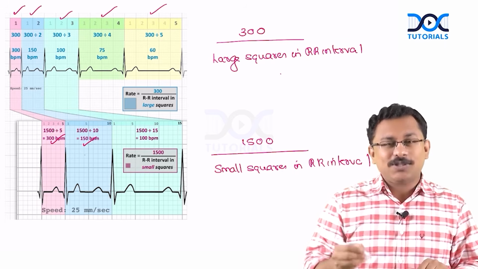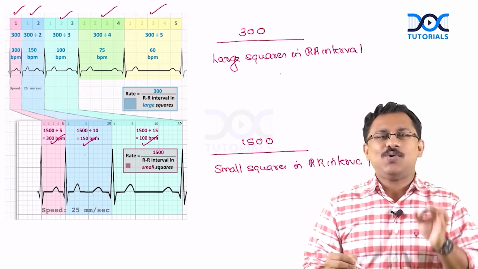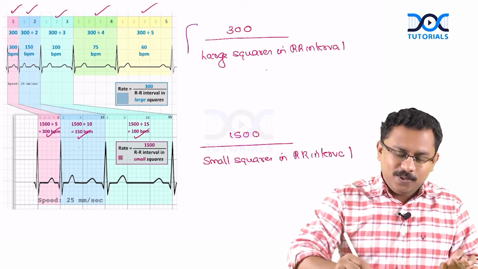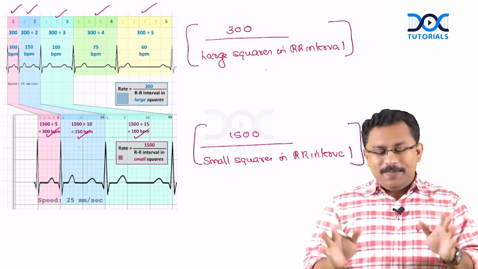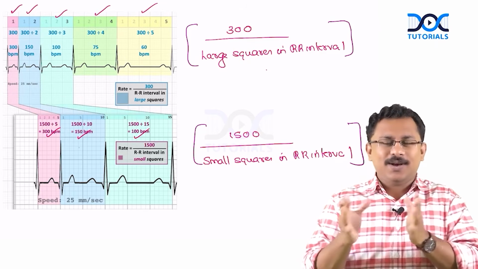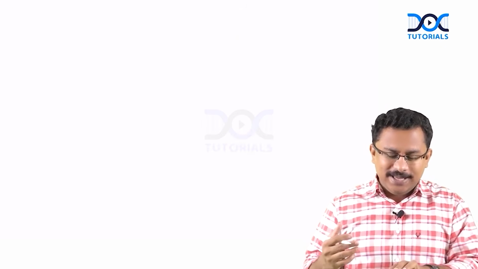If it is 10 small squares, it is 150, and 15 small squares, the rate comes to 100 beats per minute. So these are the two methods of calculation of heart rate. Now remember, there can be a scenario if a patient is in atrial fibrillation, irregularly beating. When the heart rate is irregular, how do you calculate it? Then you cannot consider that all RR intervals are the same because it is varying beat to beat.